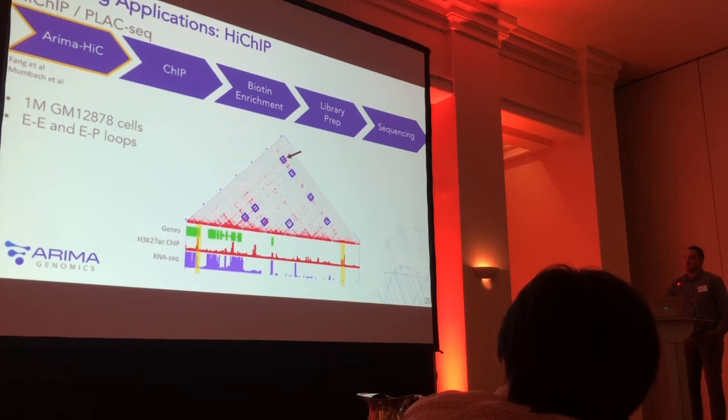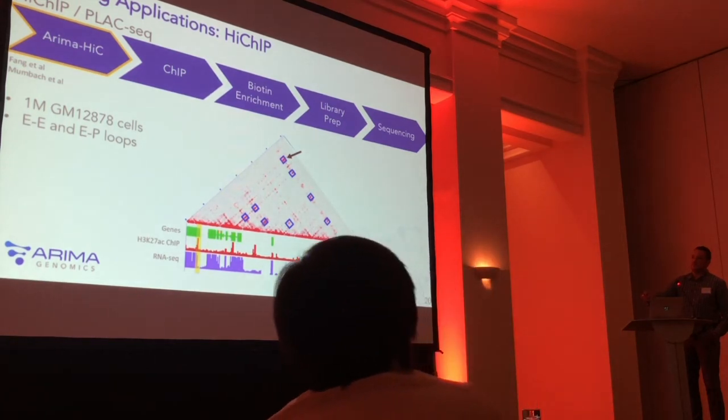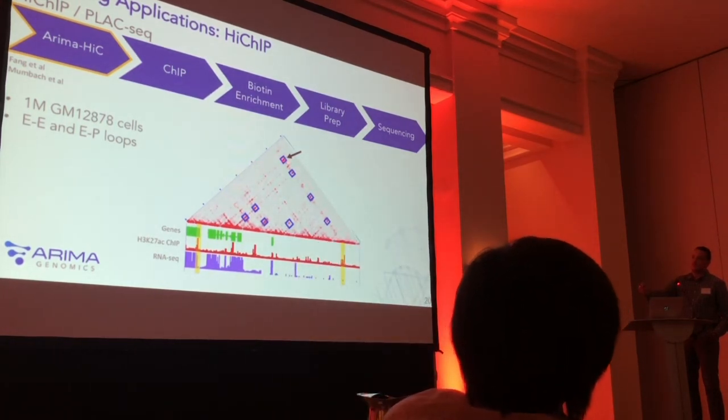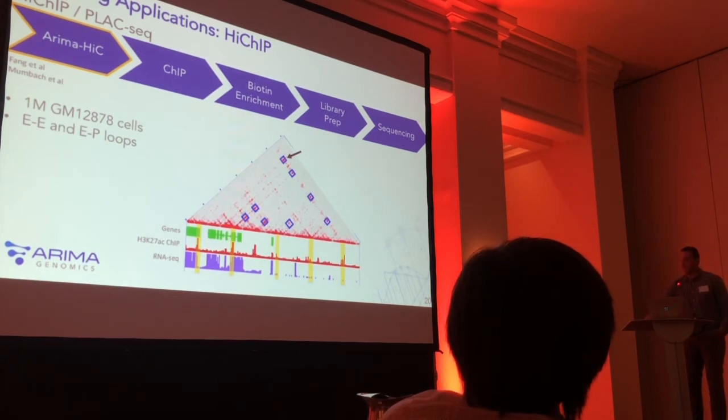This is just illustrating an example of a very long-range enhancer-promoter interaction. I think this one is about 600 kb that encases the entire locus, and this enhancer here is also involved in other significant contacts with other putative enhancer marks there.